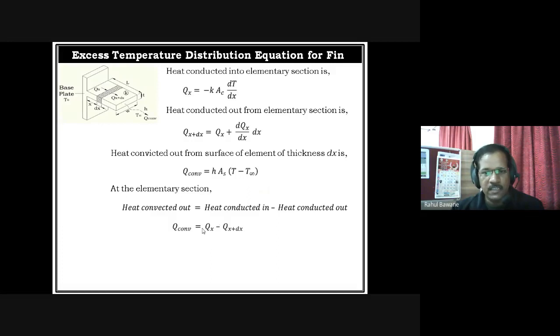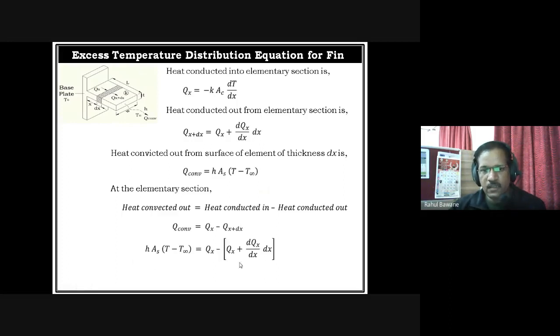Whatever the heat difference of in and out will be convected out through this elementary section, and this happens only at steady state condition. So remember friends, we are talking about a steady state condition. When steady state is reached, whatever heat enters from the base plate will be transferred out. It is not going to be stored within the fin.